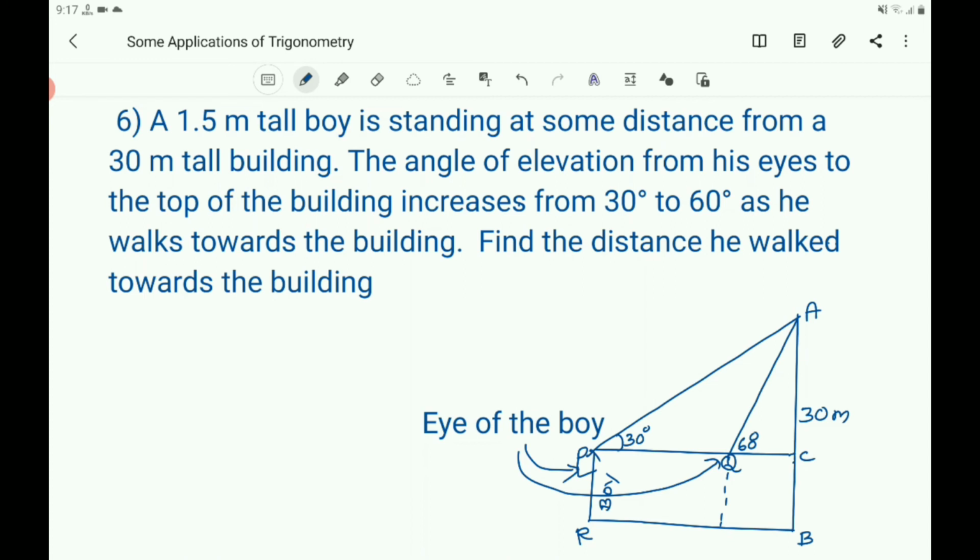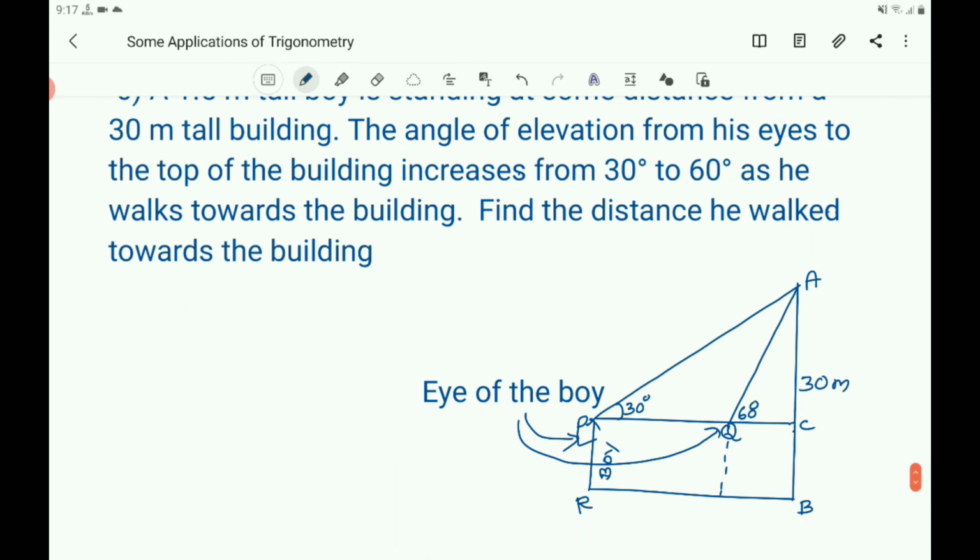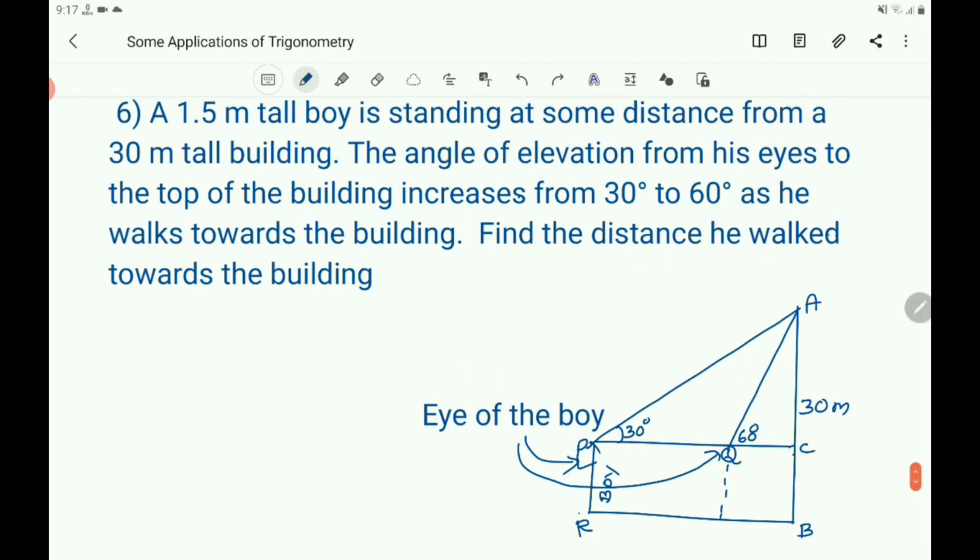And he walks towards the building. When he was at a point R, his position of the eye is P. His eye is P, and he observes the top of the building, then the angle of elevation is 30 degree.